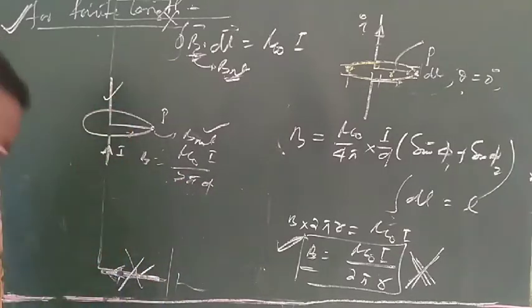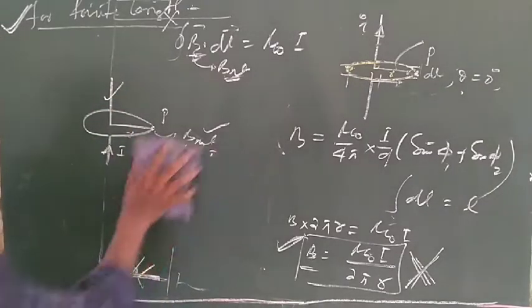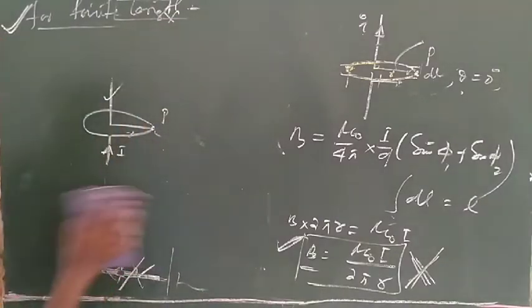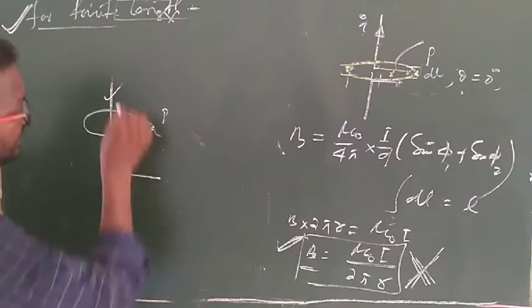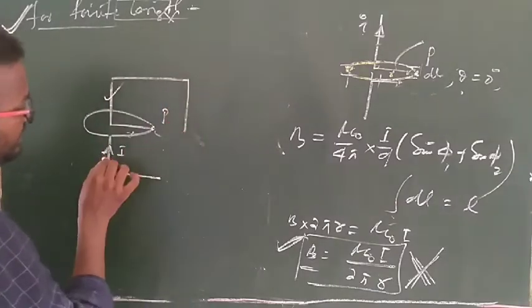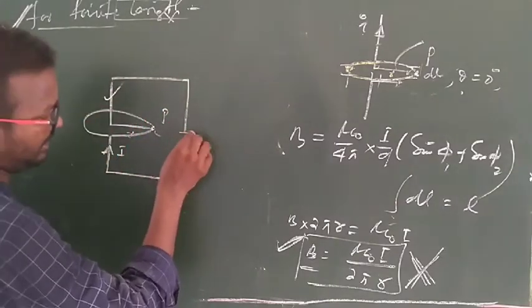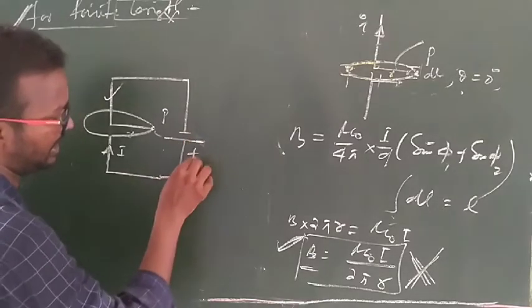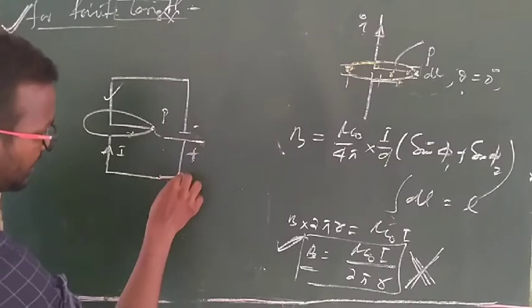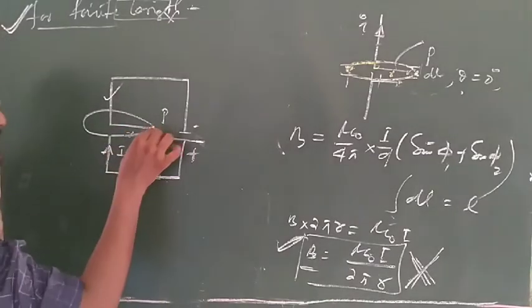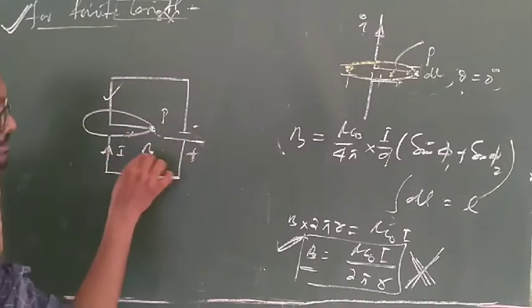If this length is finite, then for finite length there is a circuit, this is the direction of current, this is the positive terminal and this is the negative terminal. Clear? So if you find the magnetic field B, what is B?